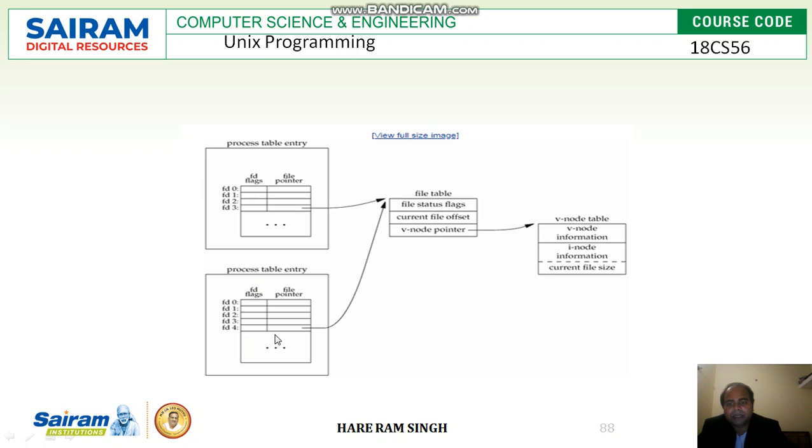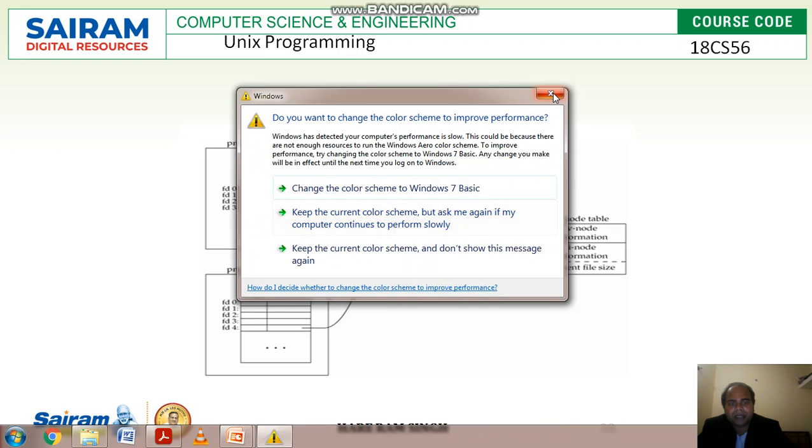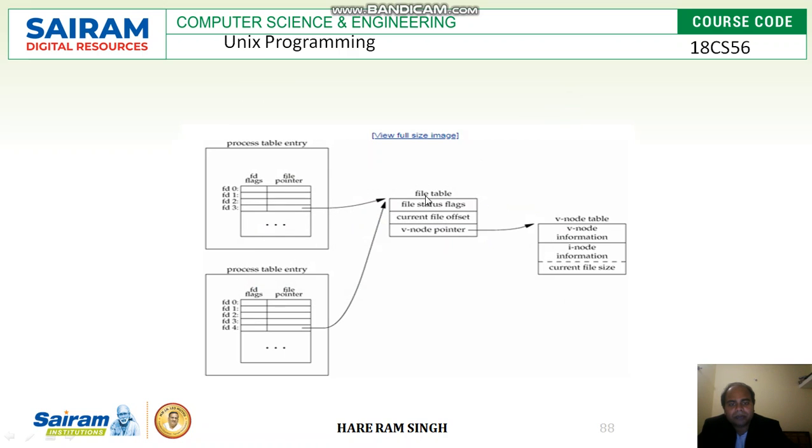Both processes will have their own process table entry, and they will share the same file table. The file table holds the file status flag, current file offset, and v-node pointer. The v-node pointer holds the address of the v-node table, which has the v-node information, i-node information, and current file size.